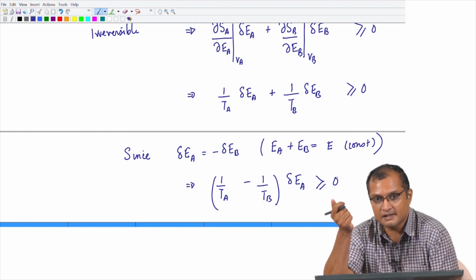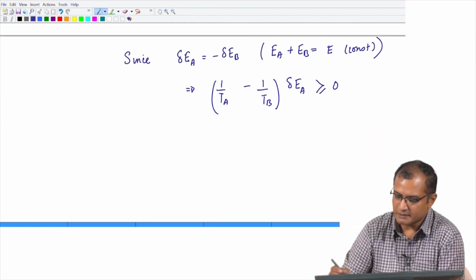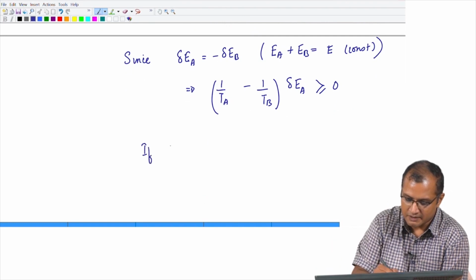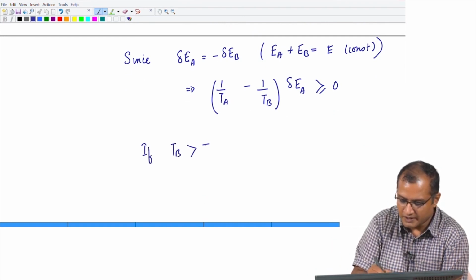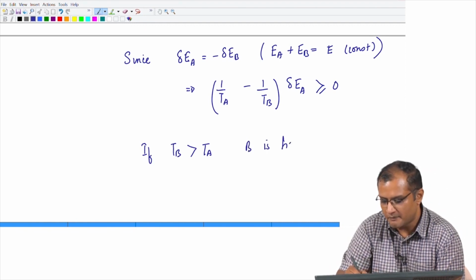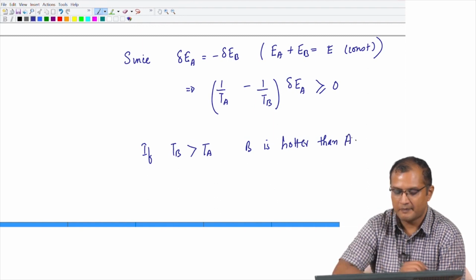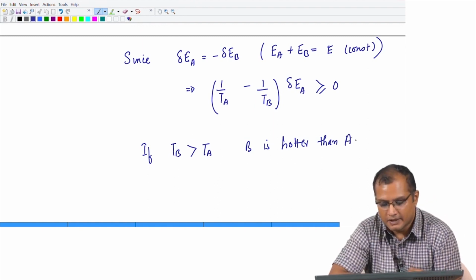See, the left hand side is a positive quantity, and that means if you take T B to be greater than T A, so B is hotter than A, okay.